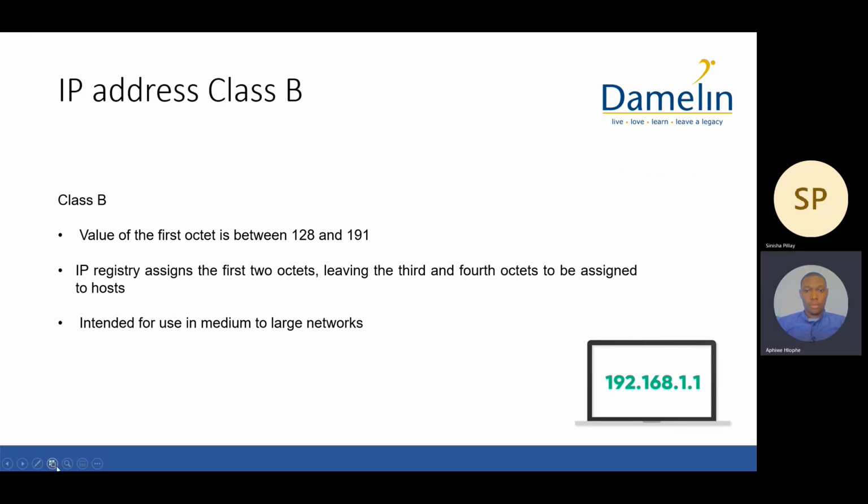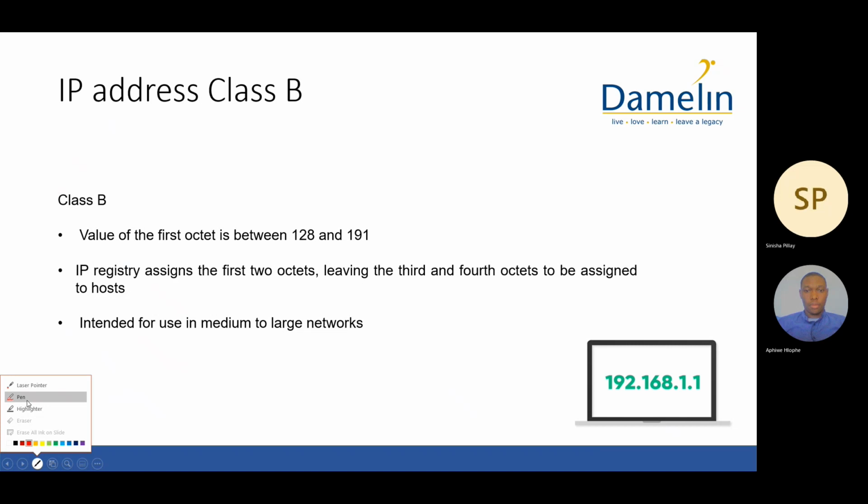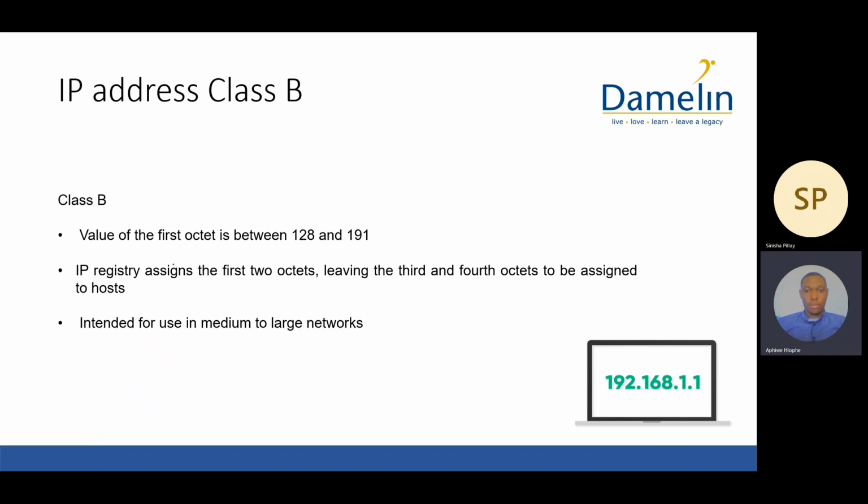Okay, so we have class B. And the value of the first octet is between 128 and 191. By looking at this address, we wouldn't say it's a class B IP address. Okay, so let's see more about its properties.